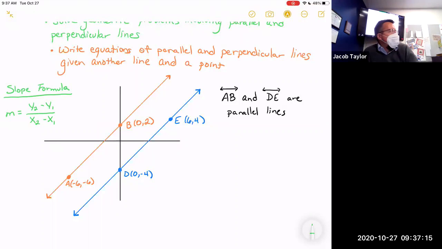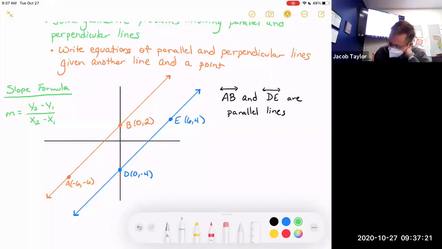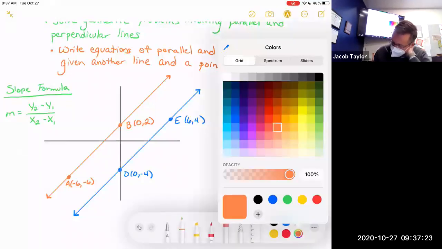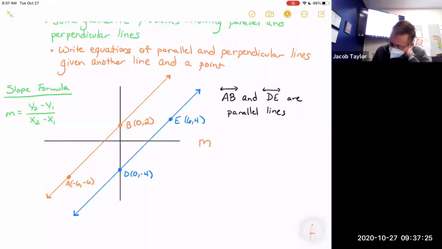So first I'm going to find the slope of line AB, and then I'm going to find the slope of line DE. So let's start off with AB. The slope of line AB, I'm going to write as m with a little AB there to keep it straight. The y coordinates for line AB are 2 and -6. So it'll be 2 minus -6 on top.